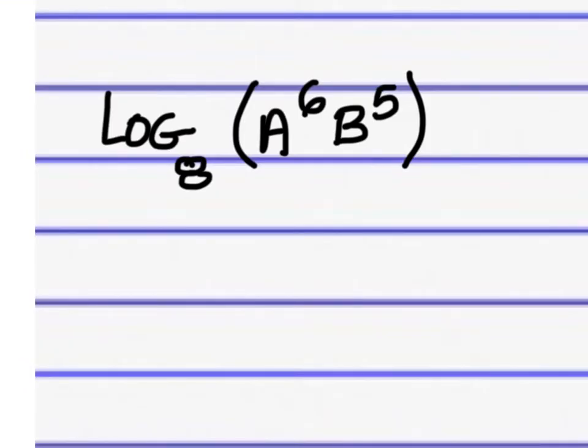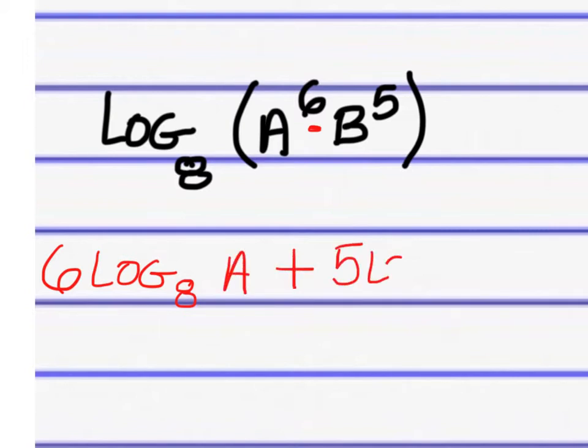Log base 8 of the quantity a to the 6th, b to the 5th. This one's pretty simple. You can combine steps. You know that you're going to split this up as addition because it's multiplication in the condensed version, and you know that the exponents have to go out in front of the log. So you can make it 6 log base 8 of a plus 5 log base 8 of b.